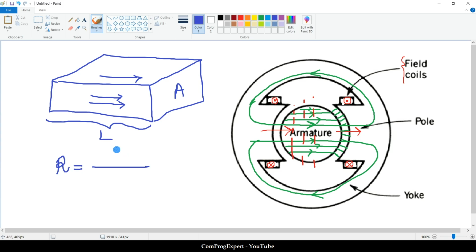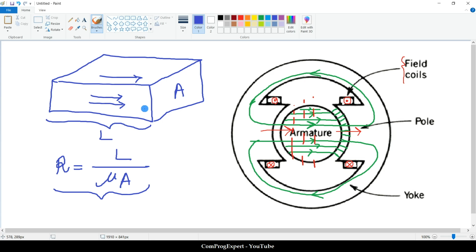That is equal to L divided by the permeability of the material times A. So this is a simple equation.